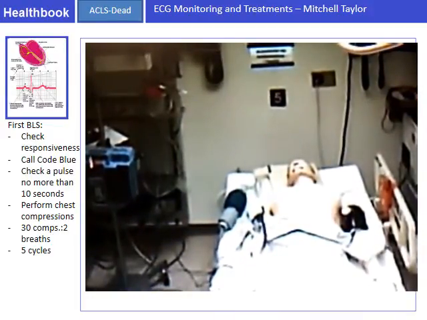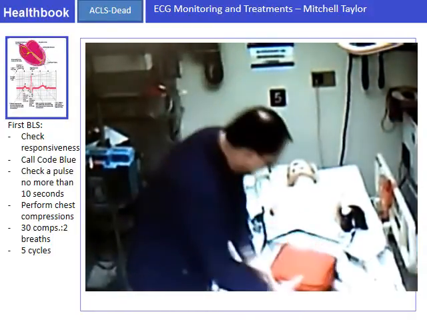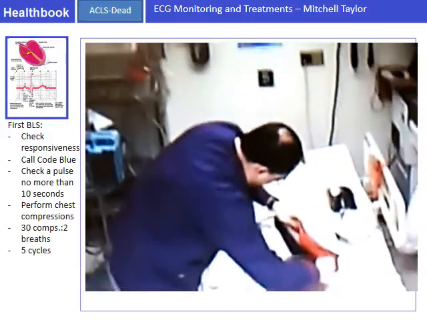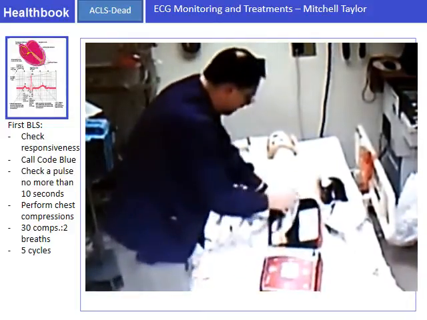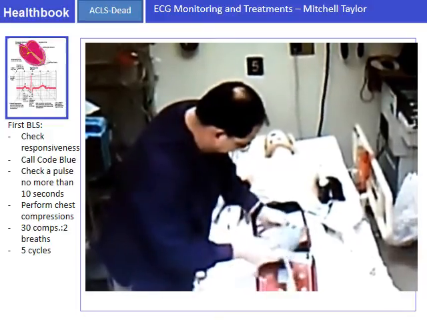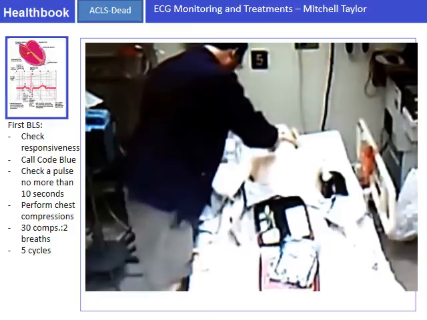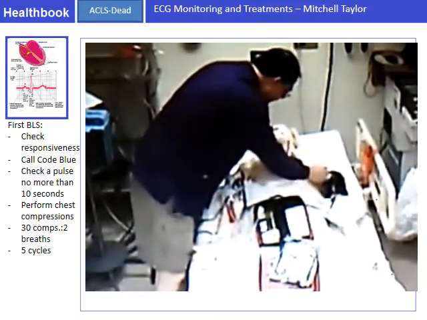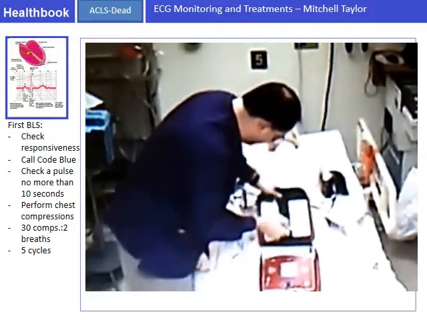Anybody help me? The patient's coming in here. Turn on. Apply pads to patient's bare chest. That's electrode. Plug in pads connector next to flashing light. Apply pads.